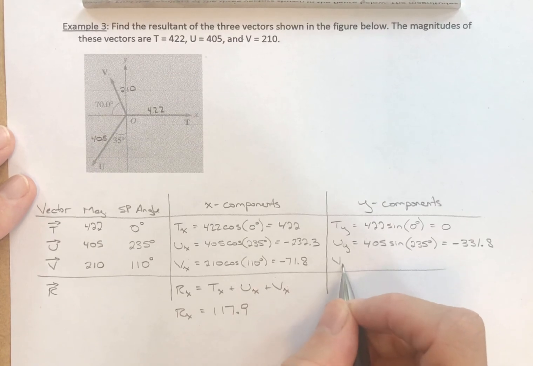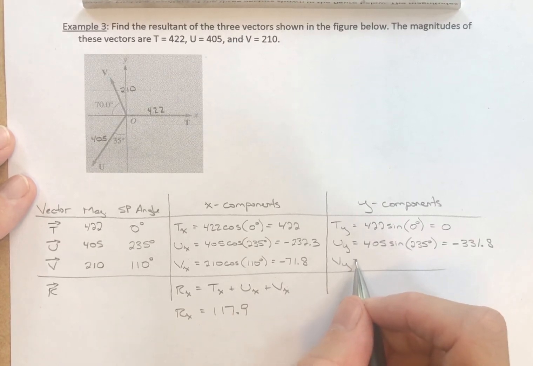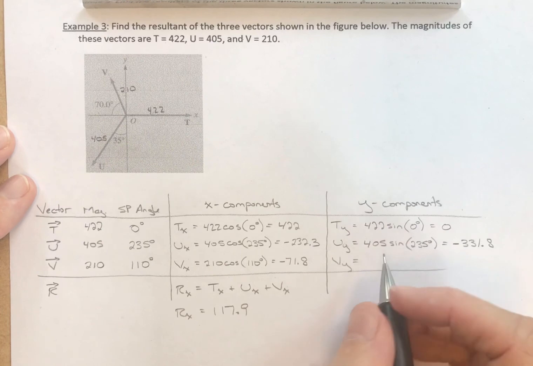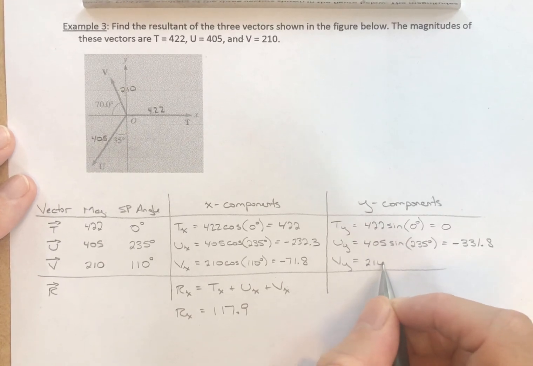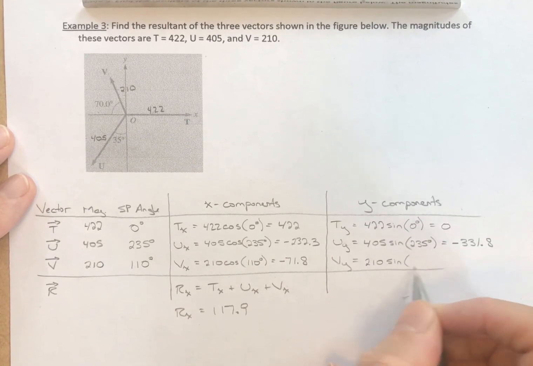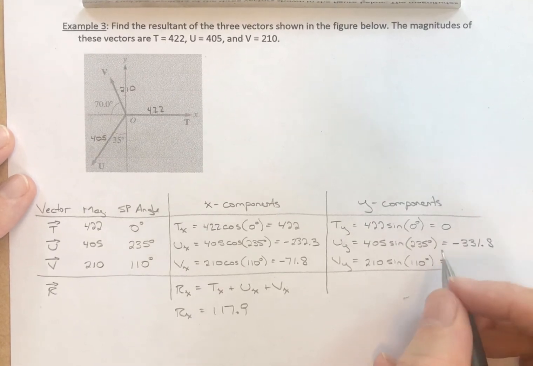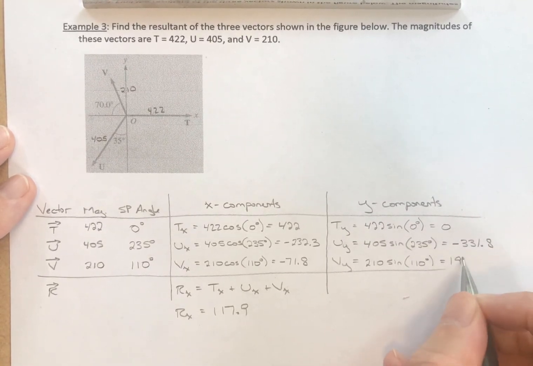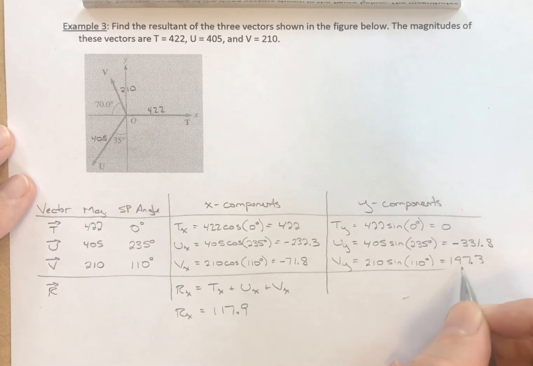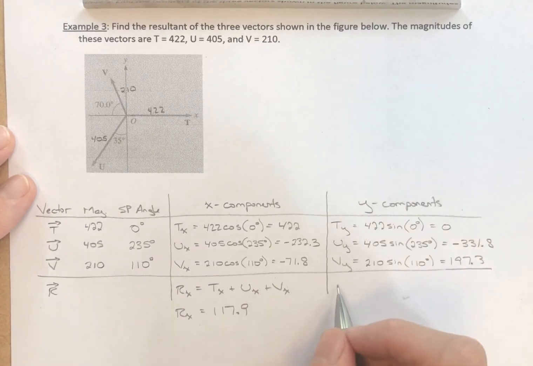And the y component of the v vector is the magnitude times the sine of its standard position angle, 110 degrees, and that comes out to be 197.3 with the calculator.